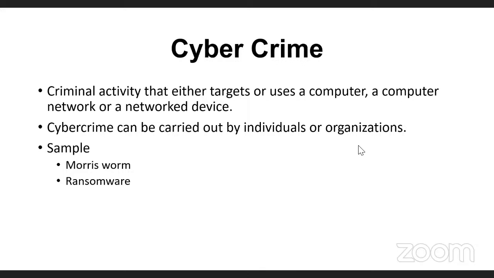Most cybercrime is committed by cybercriminals or hackers who want to make money. Some cybercrime aims to damage computers or networks for reasons other than profit. These could be political or personal. Cybercrime can be carried out by individuals or organizations. These are organized, use advanced techniques and are highly technically skilled.